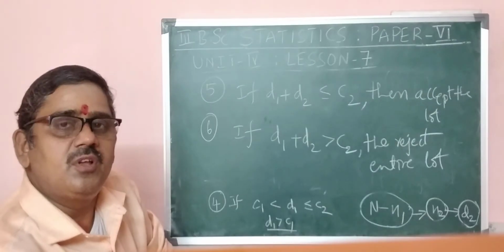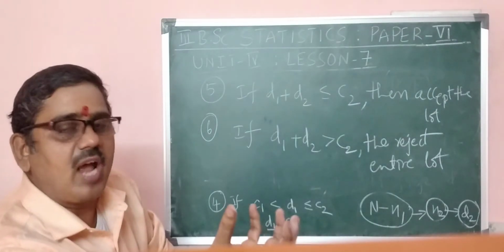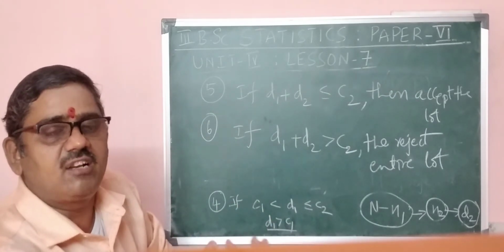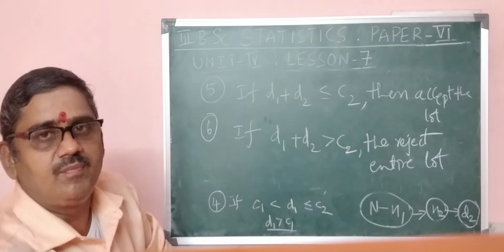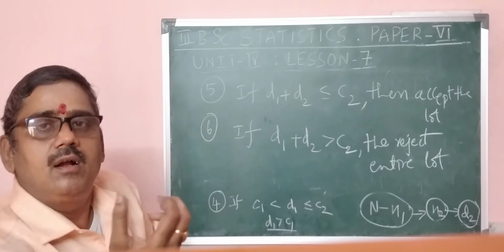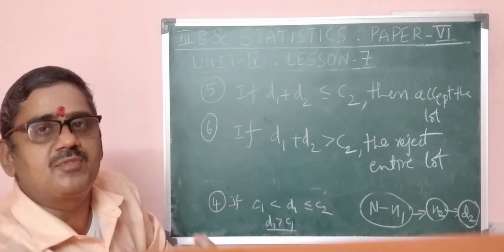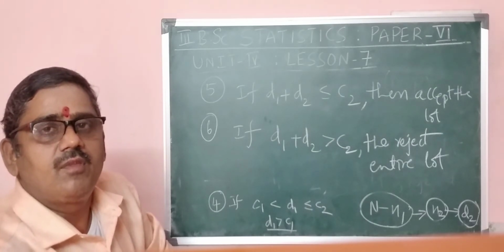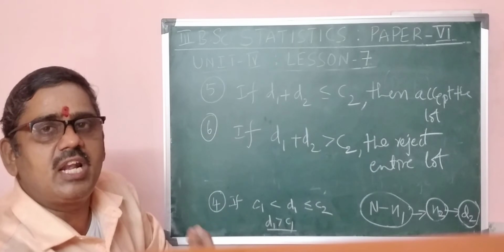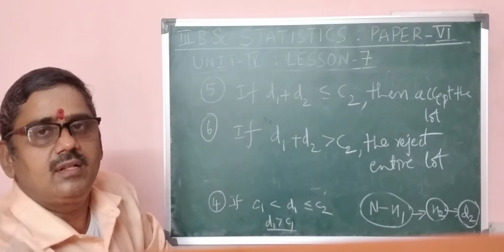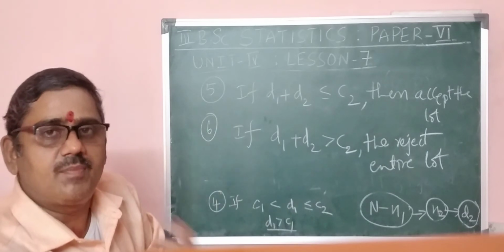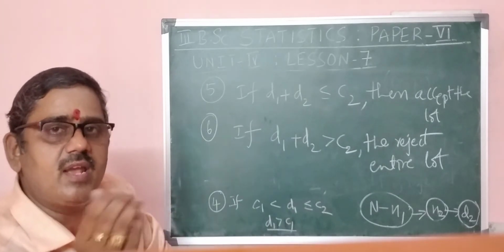Step 1: out of capital N items, consider the first sample. Select a first sample of size N1 and observe the defective items D1. Second step: if D1 is less than or equal to C1, then accept the lot by replacing defective items with non-defective items.